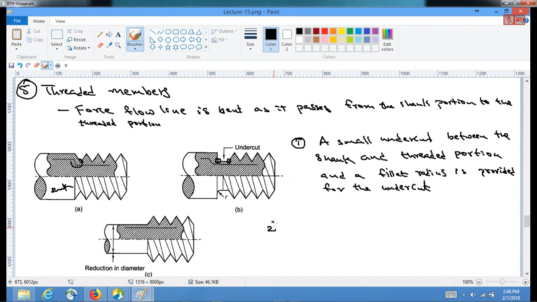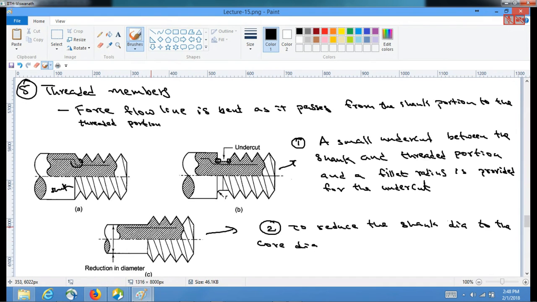Or the second one, which is this, is to reduce the shank dia to the core dia.